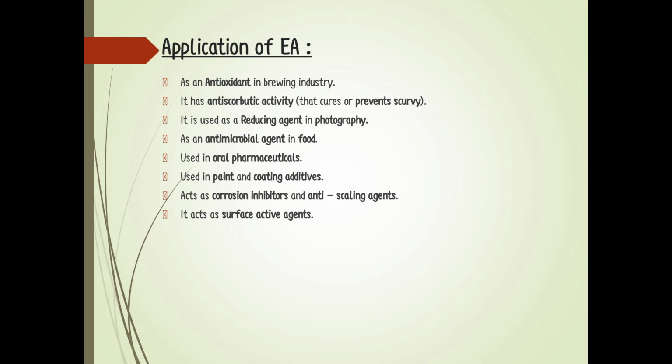Second, it has antiscorbutic activity, which means, from the name, we know that ascorbic acid is vitamin C, and if there is a lesser amount of ascorbic acid in our body, we will suffer from a malvitamin disease called scurvy, where our gums will start bleeding. That's why people used to say have citrus fruit, because it has ascorbic acid in it, so that you won't bleed your gums. So it has this antiscorbutic activity.